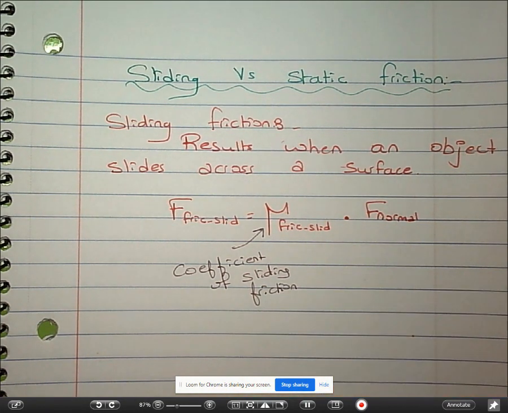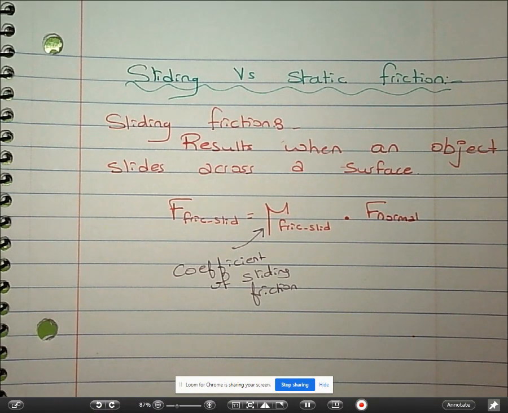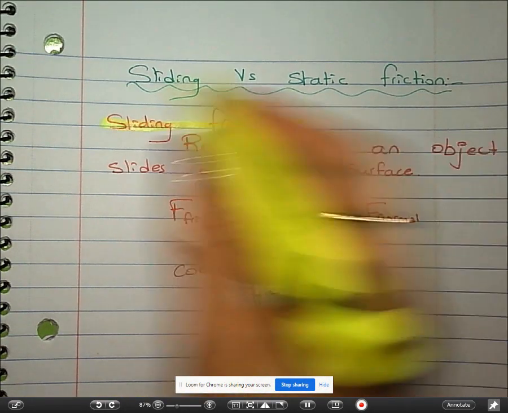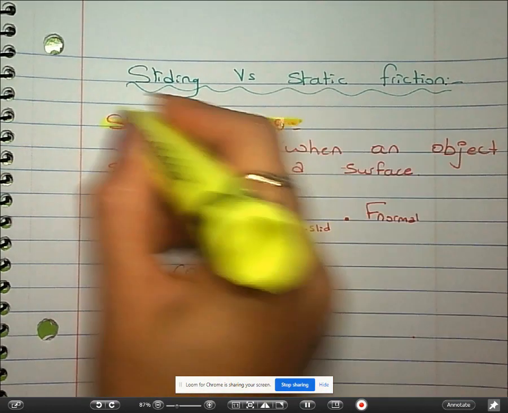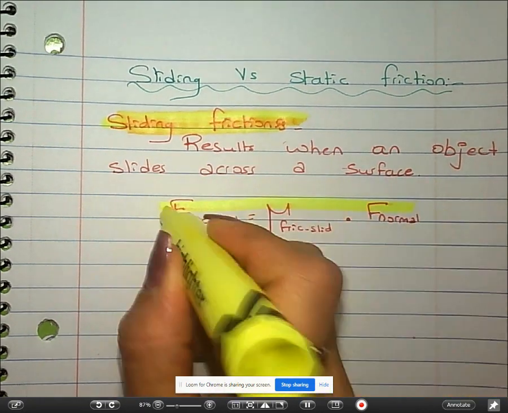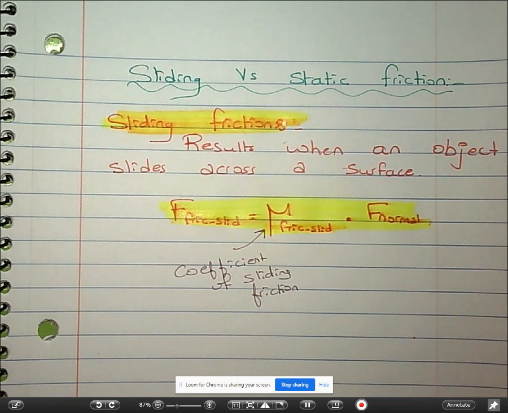It's usually a constant and it depends on the nature of the surface that this object is in contact with. So that is the sliding friction.